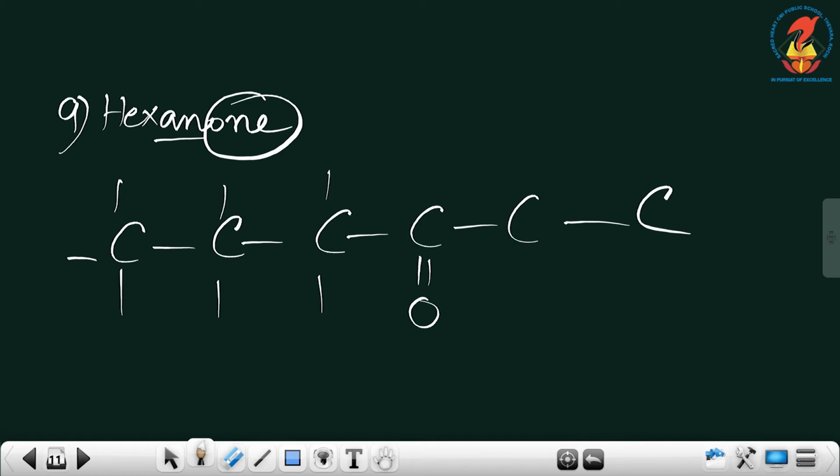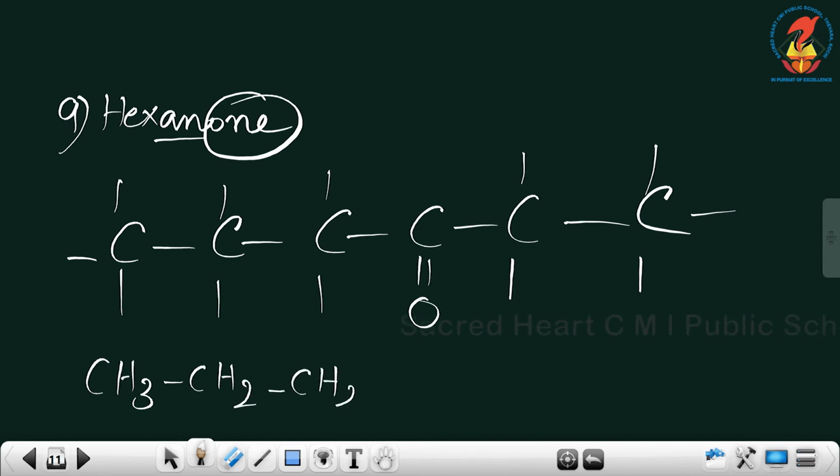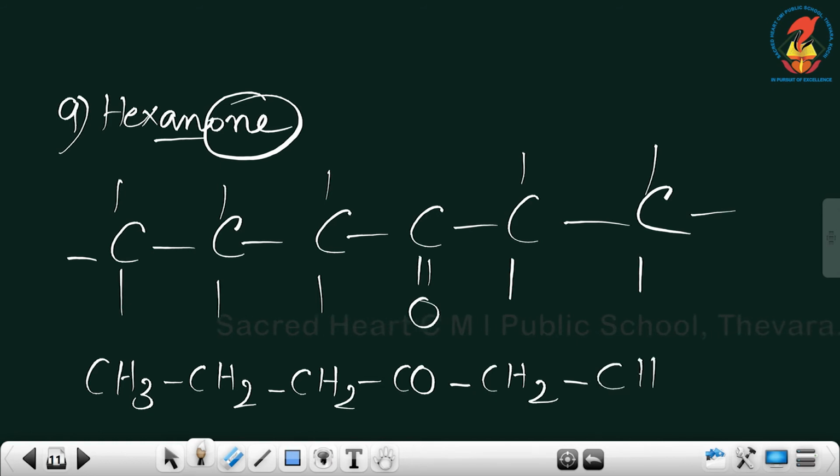Do not put any hydrogens on the carbon which contains the functional group, as all 4 valencies are already occupied. Write hydrogens on the other valencies and you will get the structure CH3, CH2, CH2, CO, CH2, CH3. So you have to write hydrogens everywhere. I hope you will do it.